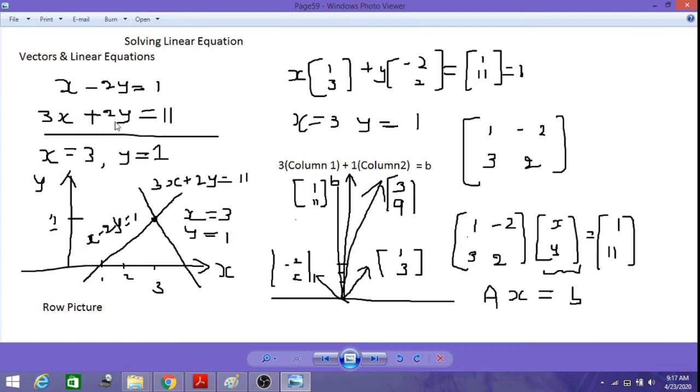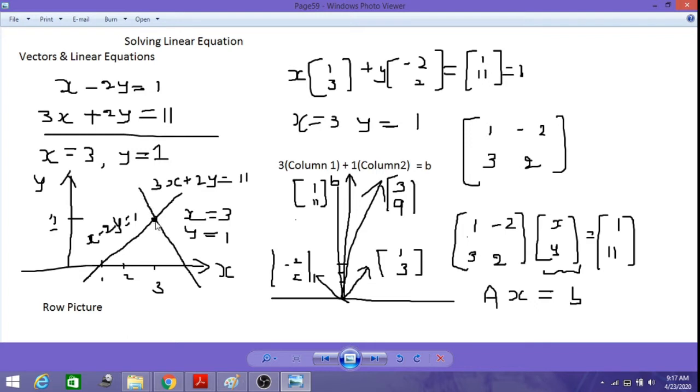We know a simple way to solve is that we straight away cancel y and then we get x and then substitute back x in equation 1 and you will get back your y. So this is the normal way of solving it. Fine, we will keep it that way for now. So then we'll get x equal to 3 and y is equal to 1.